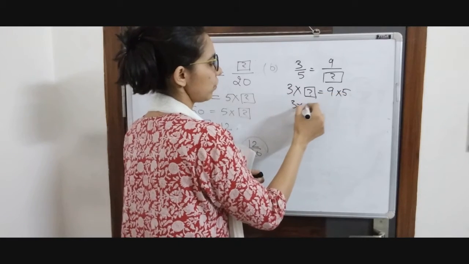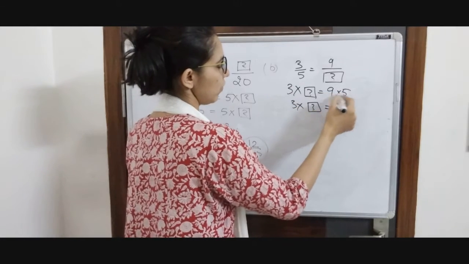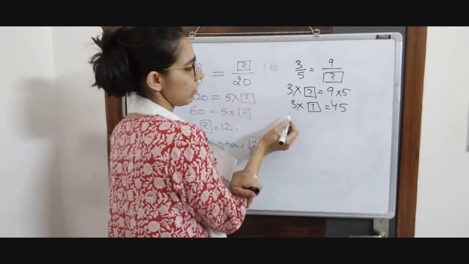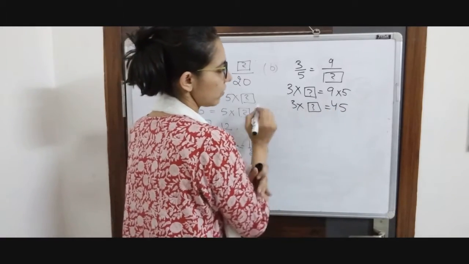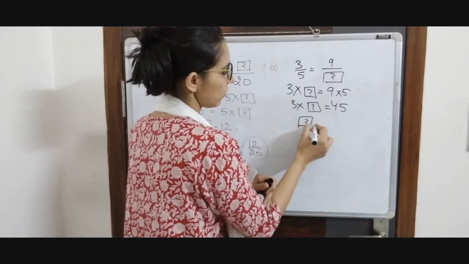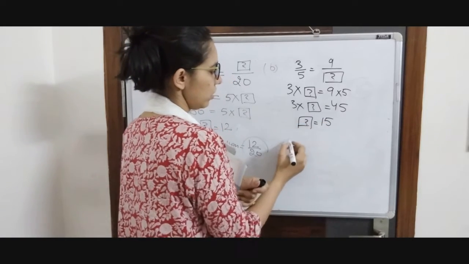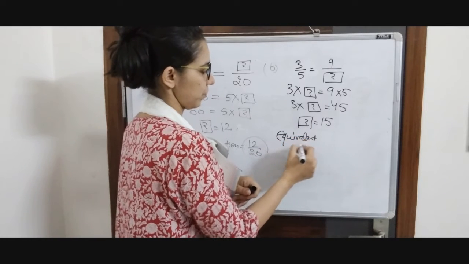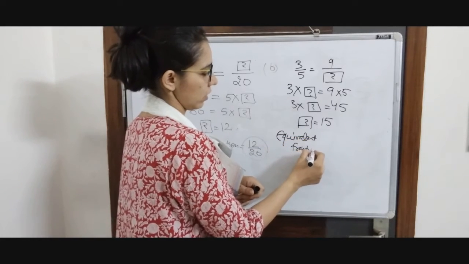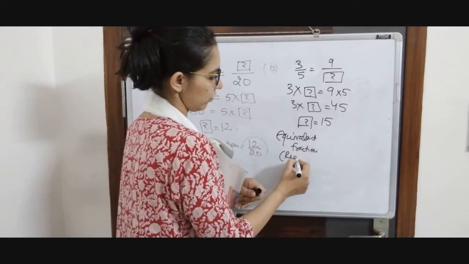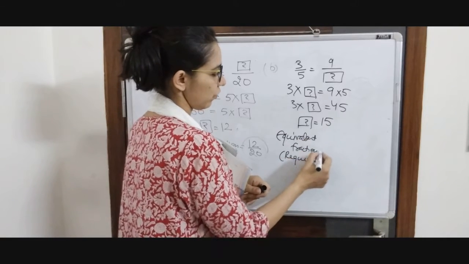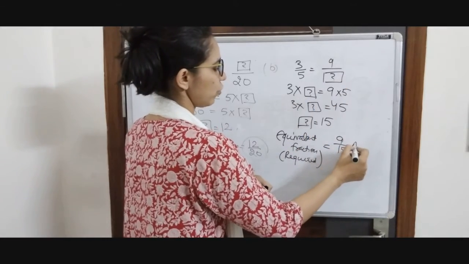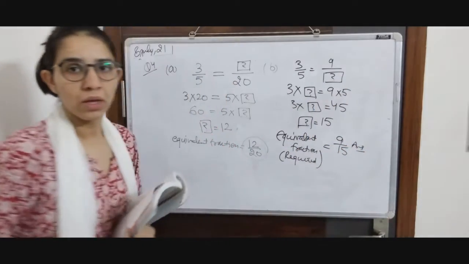Okay, 3 into the unknown number will be equal to 45. We know that when we multiply 3 with 15, we get this number. So this number is going to be 15. So our required equivalent fraction is going to be 9 by 15. This is going to be the answer.